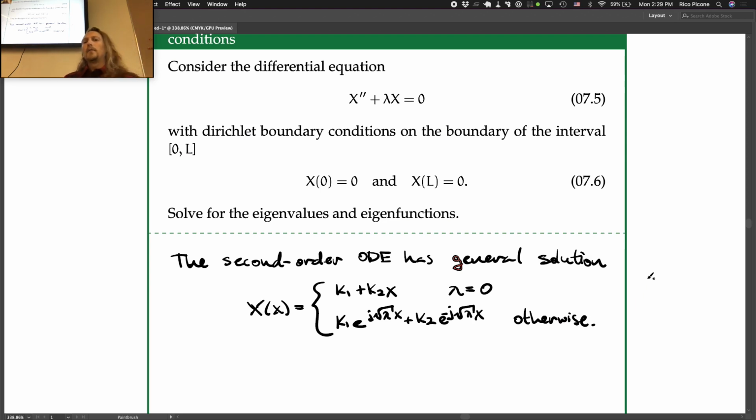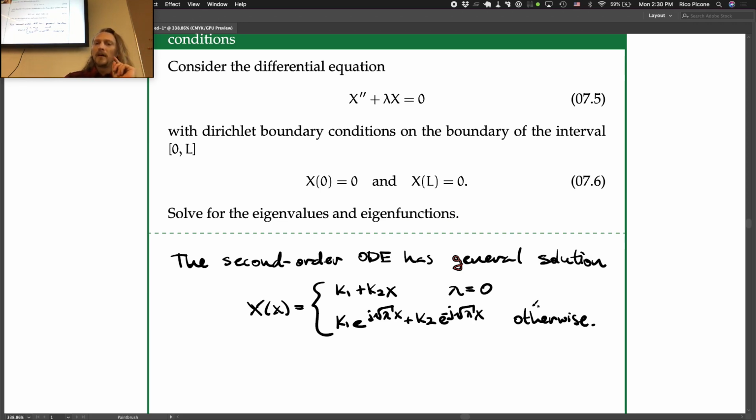So one thing we needed to note here is that certainly lambda is not complex, because it's a Sturm-Liouville problem, so our lambdas have to be real. That's one thing that we learned about the Sturm-Liouville problem, is that the lambdas are real.